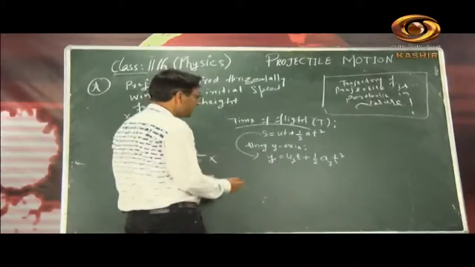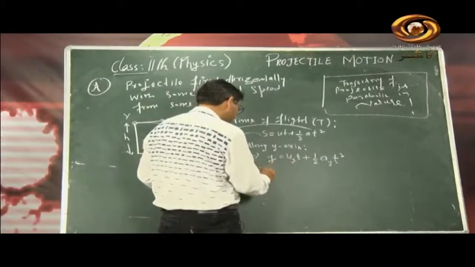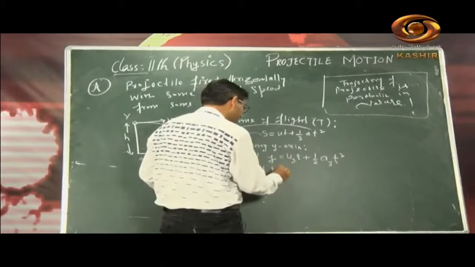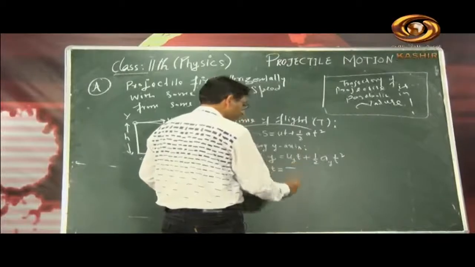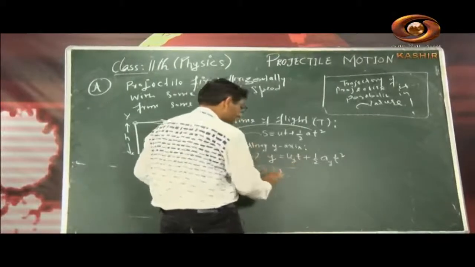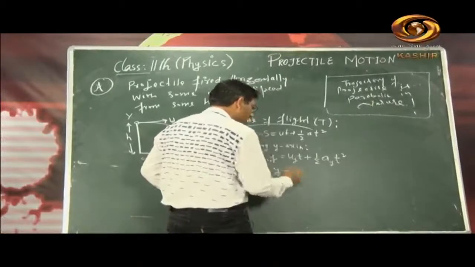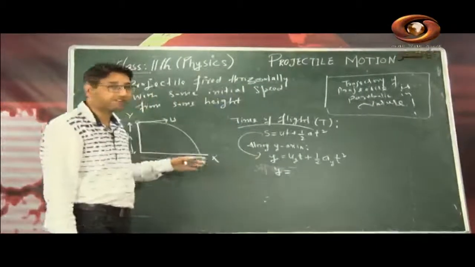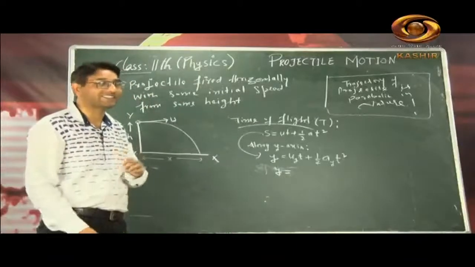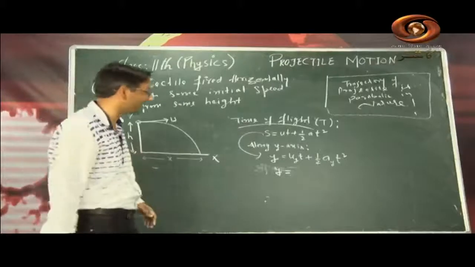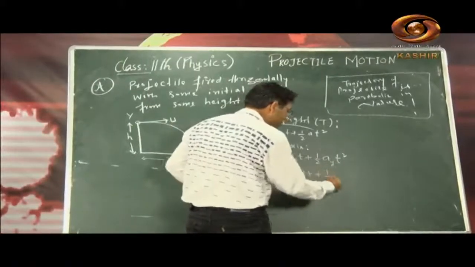Now, my dear students, look here. If we consider time t. So let's move to the next step. We can write y is equal to, what is the initial velocity along the y-axis? There is no initial velocity along the y-axis, it is only along the x-axis, horizontal, because the projectile has been fired horizontally. So this is 0 into t, then plus half of, what is the acceleration along the y-axis?